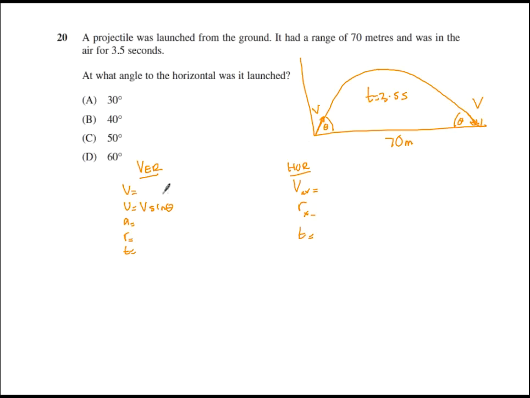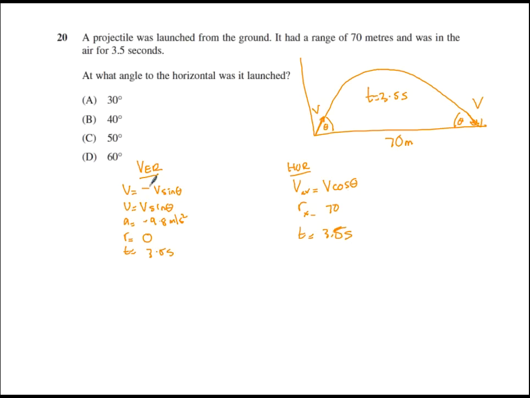My return velocity is negative v sine theta. We're only dealing with the vertical. My acceleration is negative 9.8 meters per second squared. My range is 0, and time, of course, is 3.5 seconds. In the horizontal, my velocity is equal to v cosine of the angle. My range is 70, and my time is also 3.5 seconds.